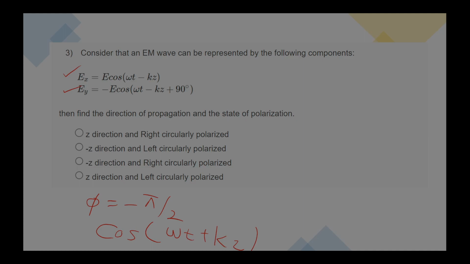It shows that the electromagnetic waves are propagating along the z direction. So this is z direction and right circularly polarized light. So option number A is correct.